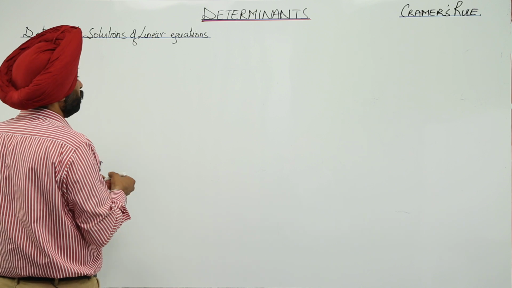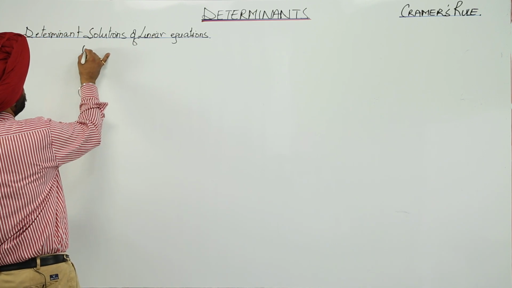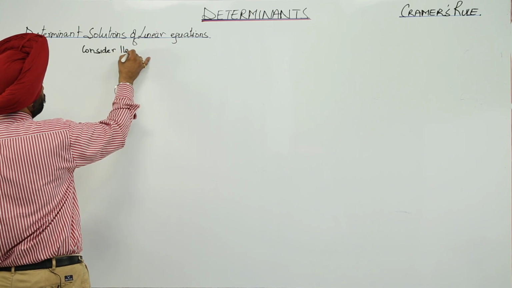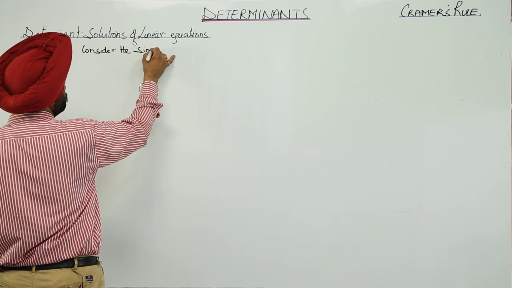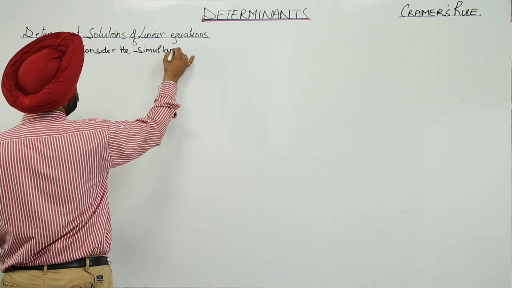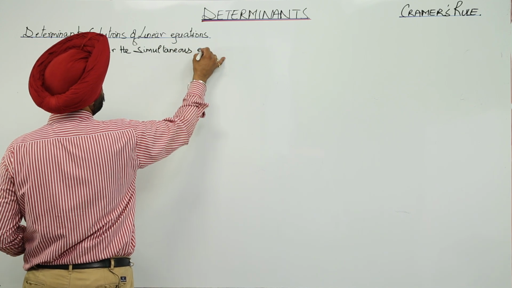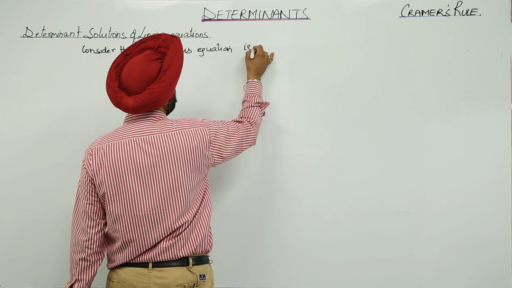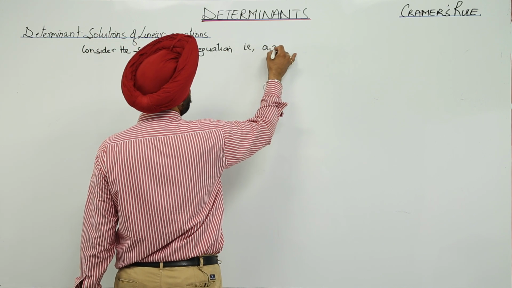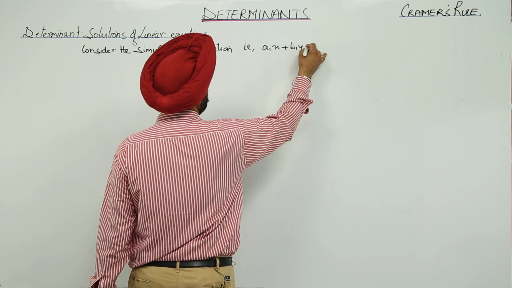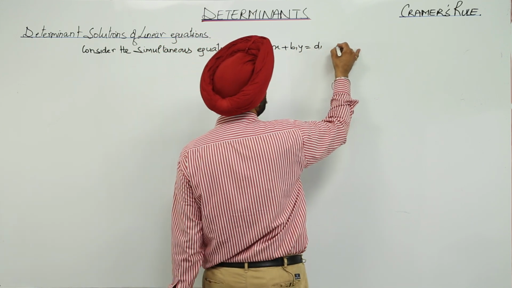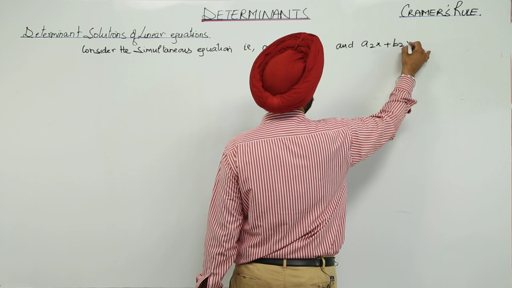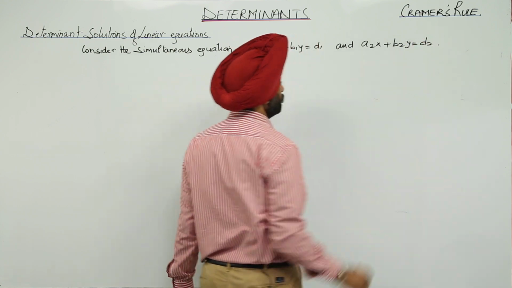So, consider the simultaneous equation, say a1x plus b1y is equal to d1 and a2x plus b2y is equal to d2.